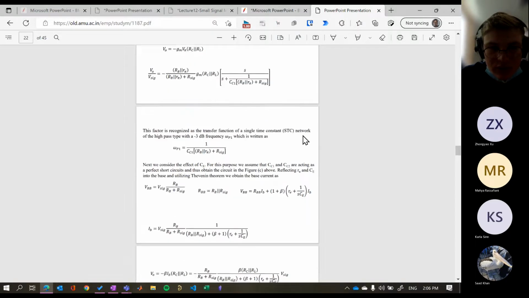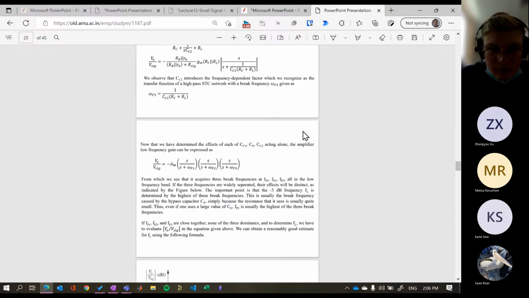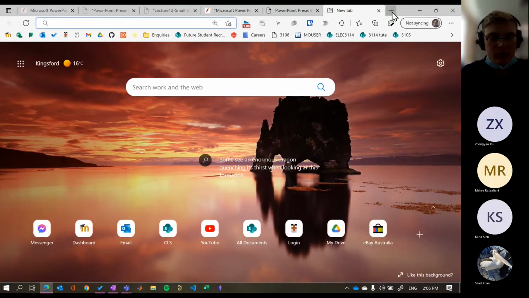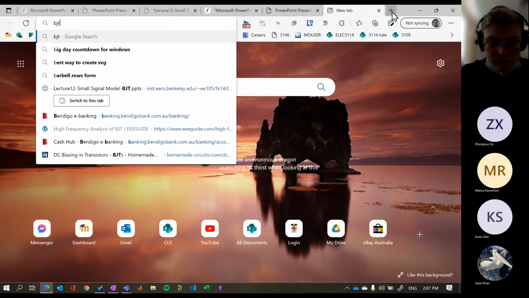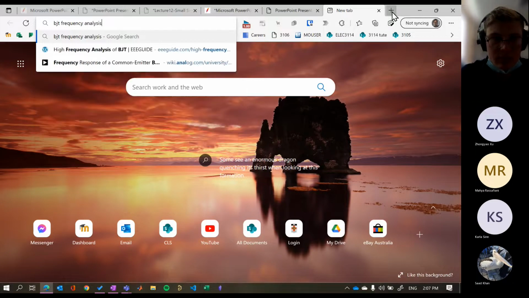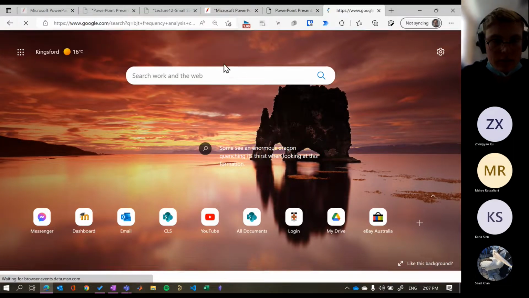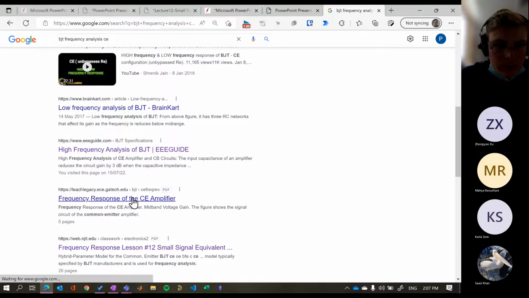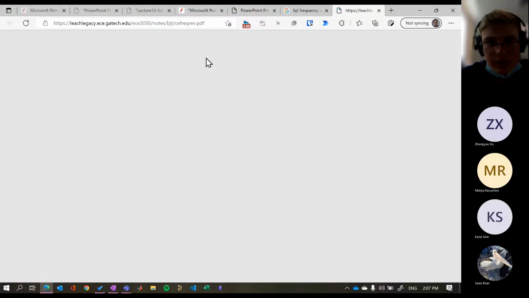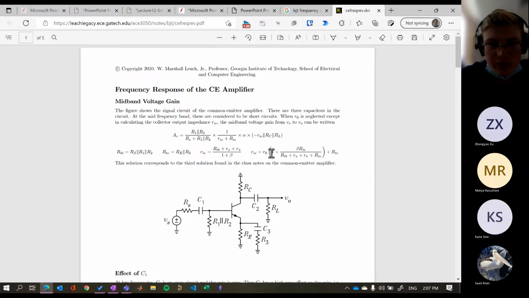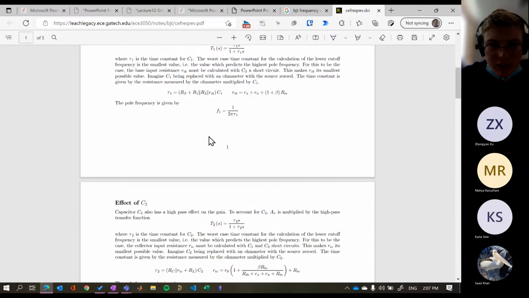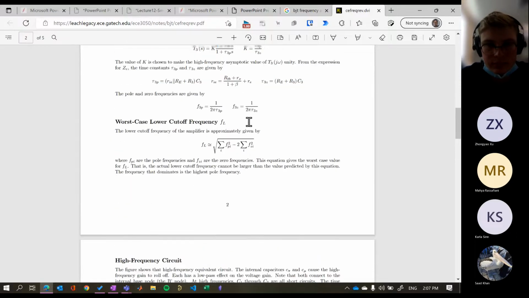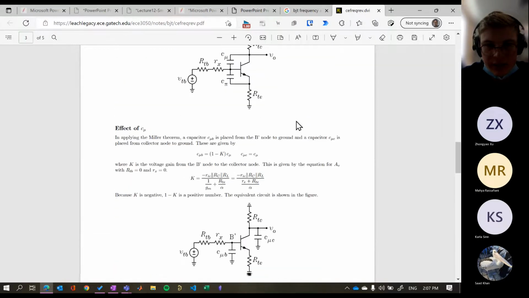These are generalized expressions. Let's just have a look at this. A lot of these have been derived a lot, right? This is a common configuration, so it's always good to check out some of the literature that's out there.